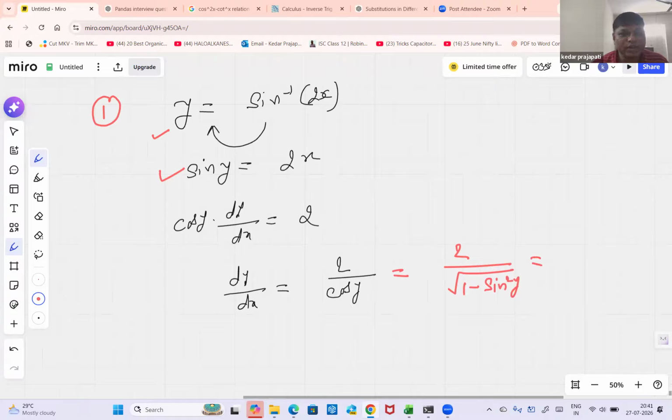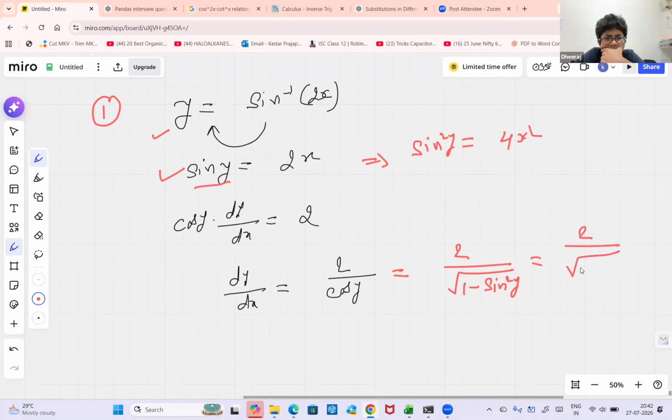So sine y is 2x, so sine square y will be how much? This is squared, so this will be 4x square. Clear? Yes, sir. 2 by root of 1 minus 4x square. Did we get everything correctly or not? Yes, sir. There is no need to remember any formula. You should know the method.